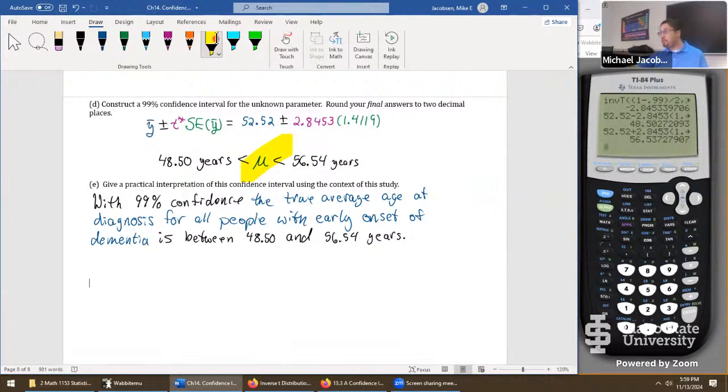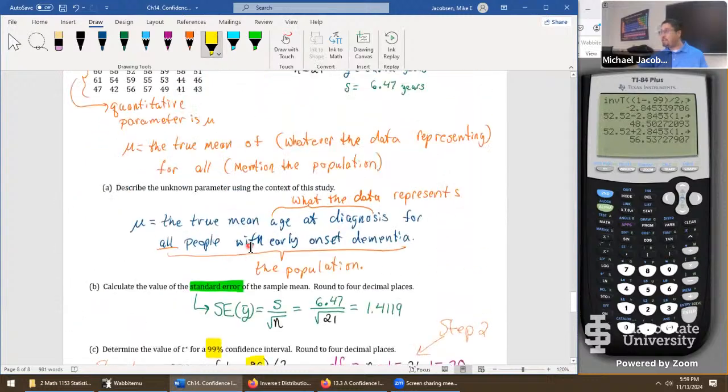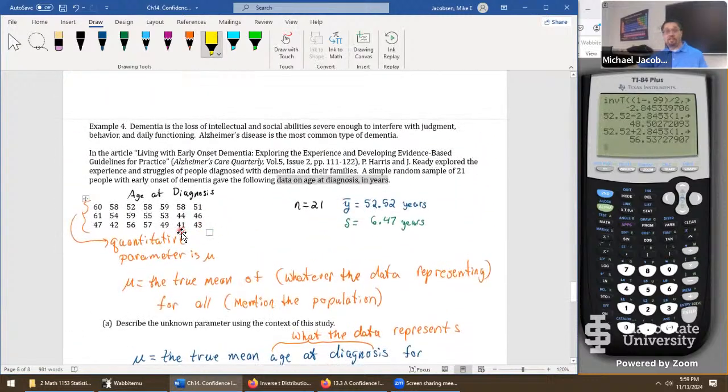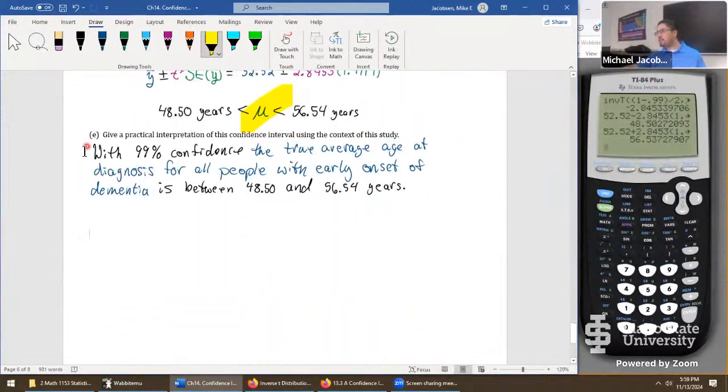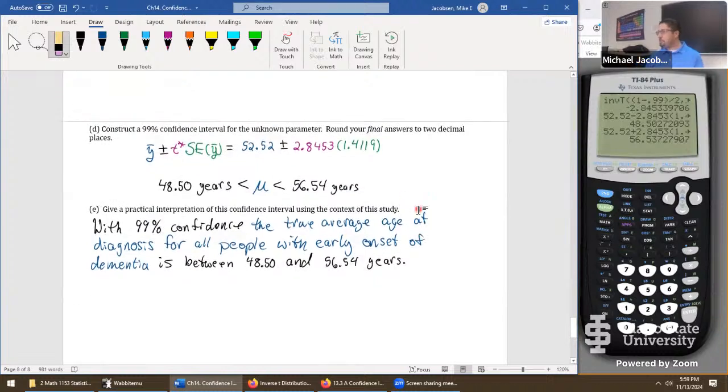So some people with early onset of dementia had age 41, for example. I'm more older than that, but that's just one person in particular. The average of the whole data set was 52.52 years. So don't forget, this is always talking about overall average, never about one single individual in particular. But we did, folks. That's the conclusion of that confidence interval.